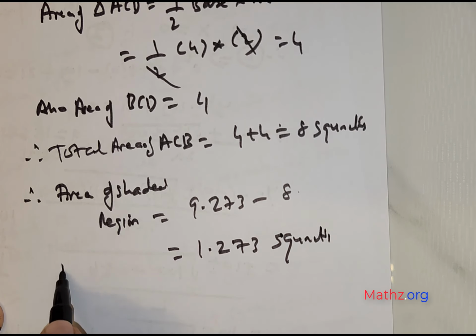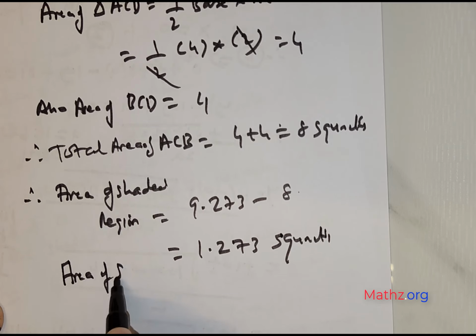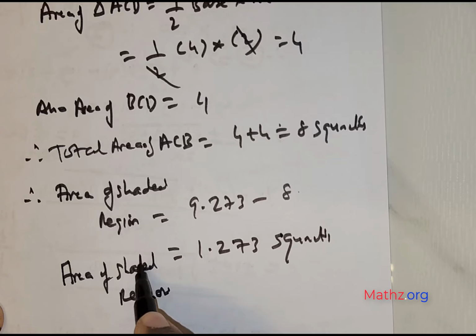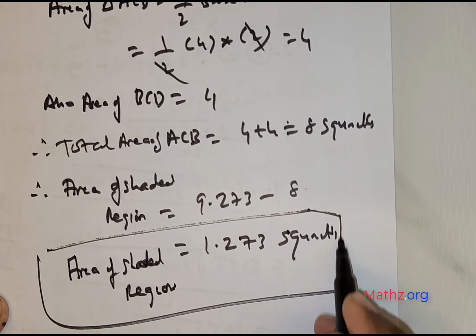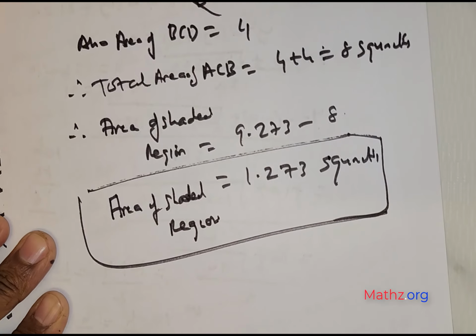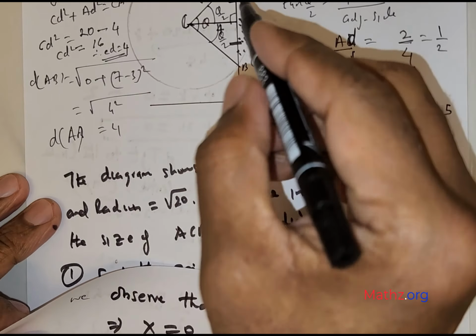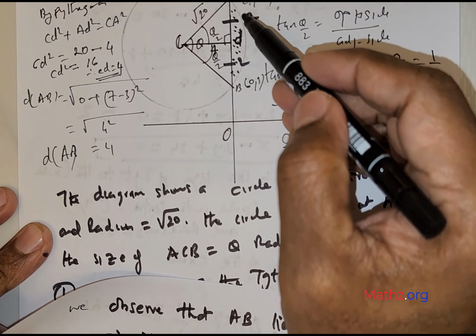Okay, that's the area of the shaded region. You can box the result. So we got one more part to go. This part is the perimeter of the shaded region.